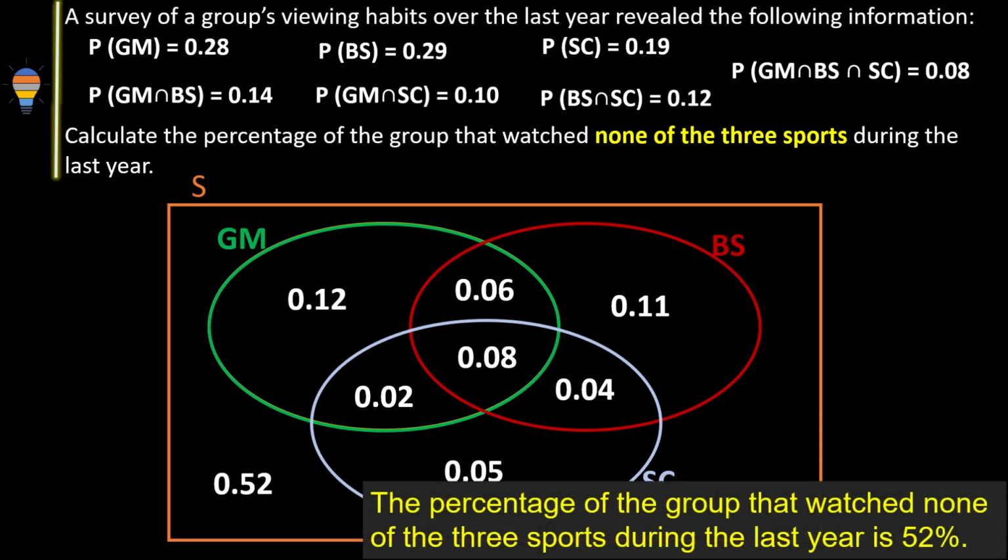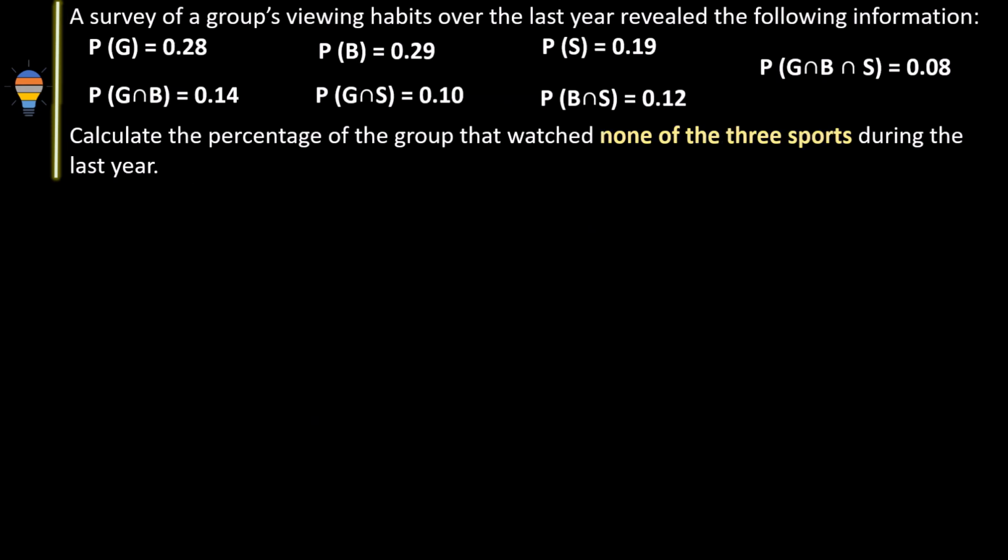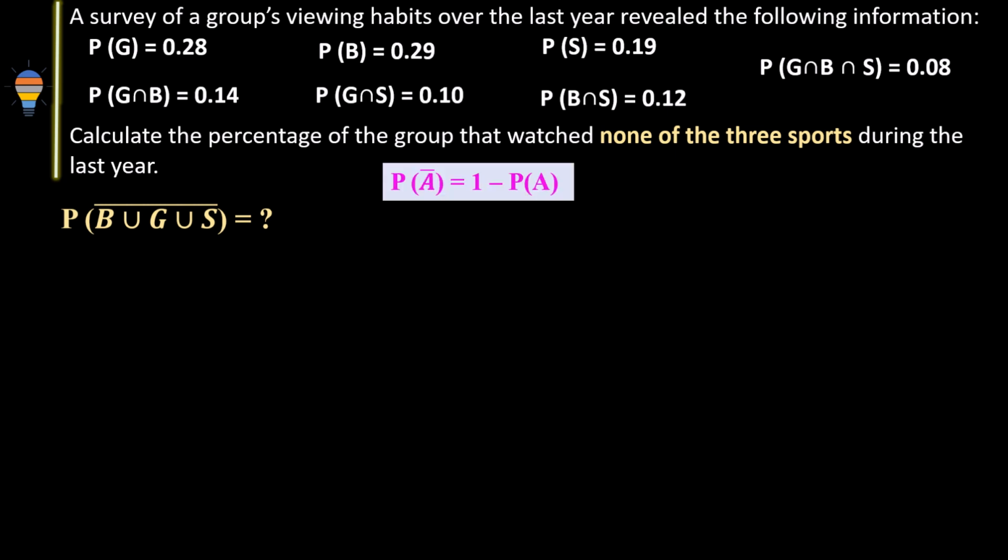Now, we go to method 2 using formulas. So first, write down the question using notation, asking none of the three sports. Probability of none of the three sports is probability of B union G union S complement, right? So can you remember the complement rule? Yes, we can apply this to our example, that is 1 minus probability of B union G union S. Now we know the addition rule for 3 events.